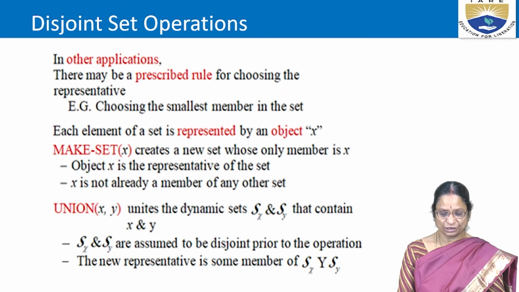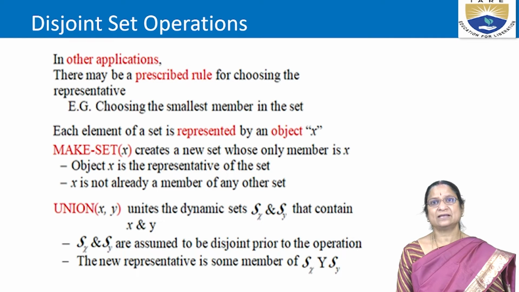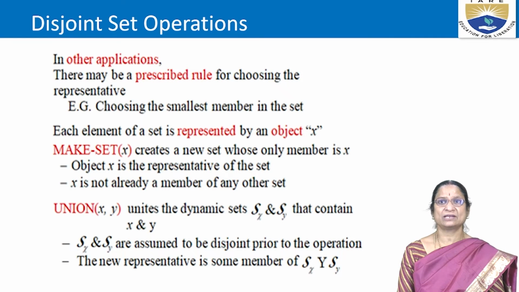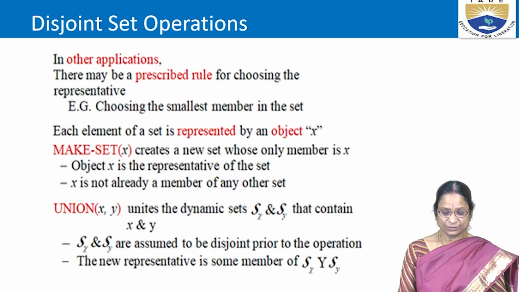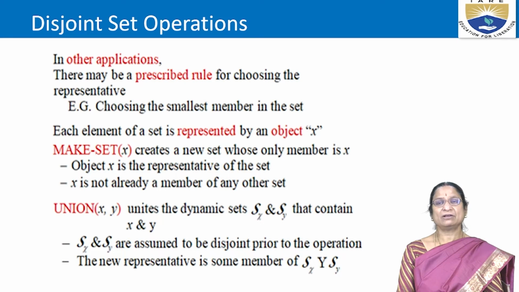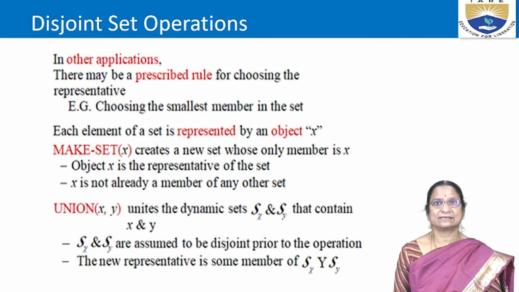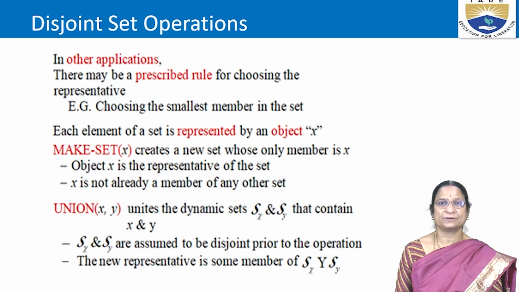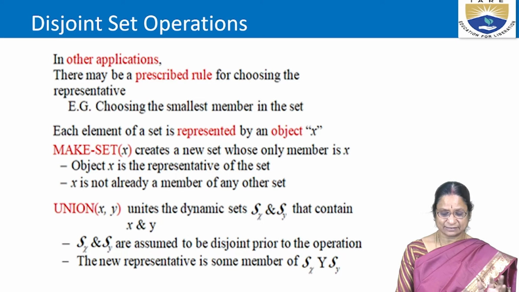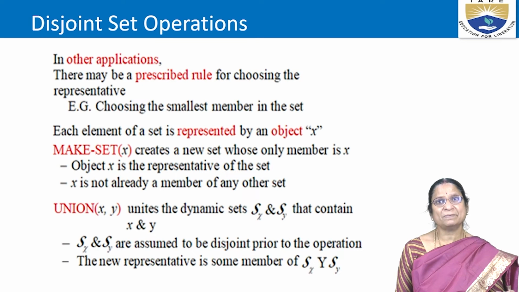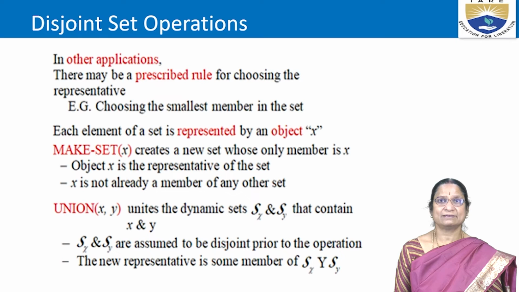Then only the union is going to be performed. That means Sx and Sy are assumed to be disjoint before this operation is considered. Sx can be added to Sy or Sy can be added to Sx while doing this union operation. So what will be the representative? The representative may be either X or Y or some other member of Sx or Sy.